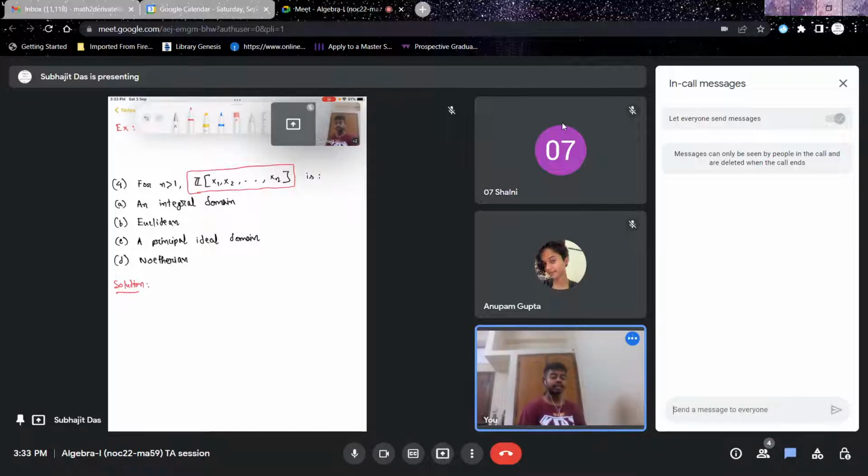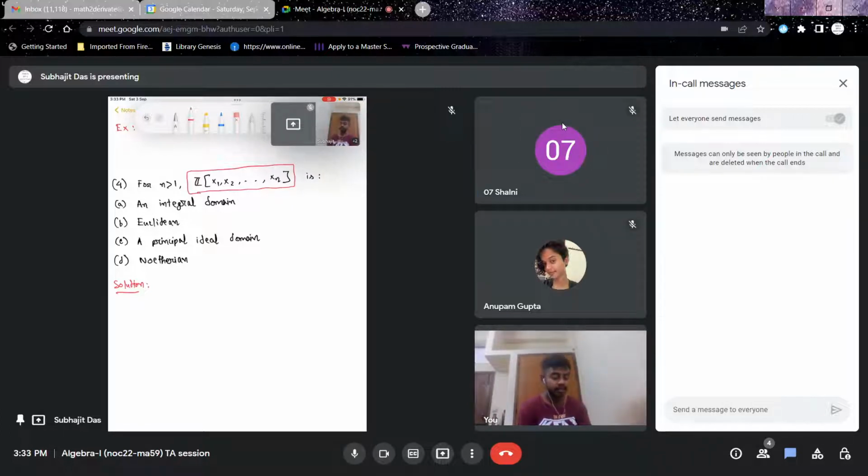First of all, is this an integral domain? You know, right? What is an integral domain? Why is this an integral domain? Because Z is an integral domain, and we have a result that if R is an integral domain, then R[x] is an integral domain.